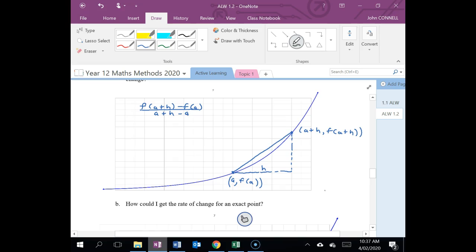It's the value of the y-coordinate here, which is f of a plus h, take f of a, the value of the y-coordinate down there, over the subtraction of the x-coordinates, so a plus h, take a. Now, that means I can take those a's away. So the slope is going to give me f of a plus h, take f of a, over h.